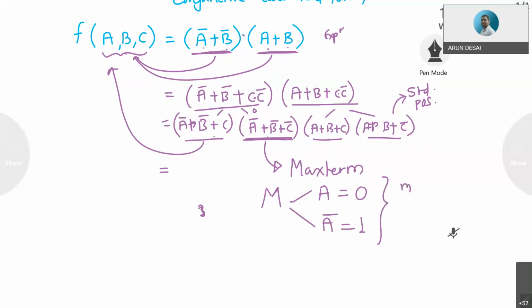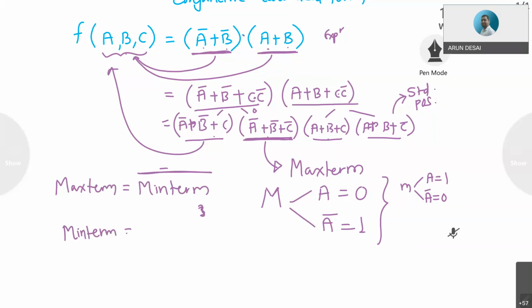In a min term, if A is present, it is 1, and if A complement is present, it is 0. Note the difference. The min term and max term relation is that they are always complemented. You consider a min term, then the max term is its complement, right? So the values of min term and max term are complements.